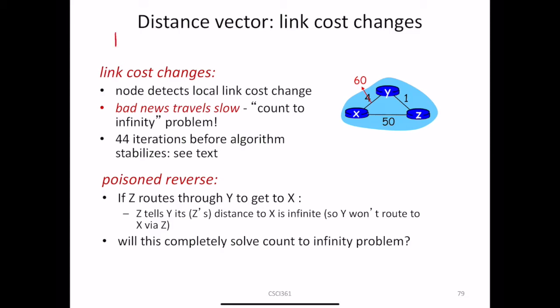Then let's see this dy(x), which is the minimum of all the combinations. So the cost from y to x plus the estimated path cost, which is x to x. That's the first combination. The second one is from y to z plus the path cost from z to x.